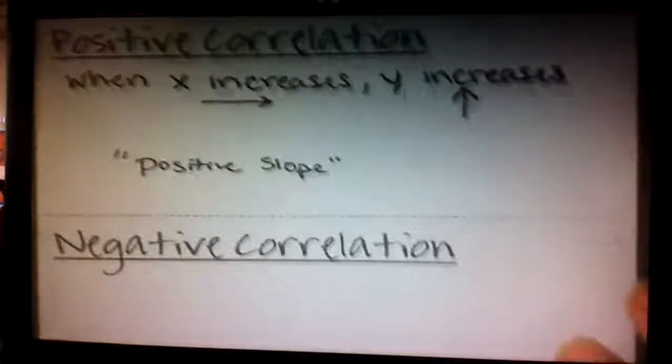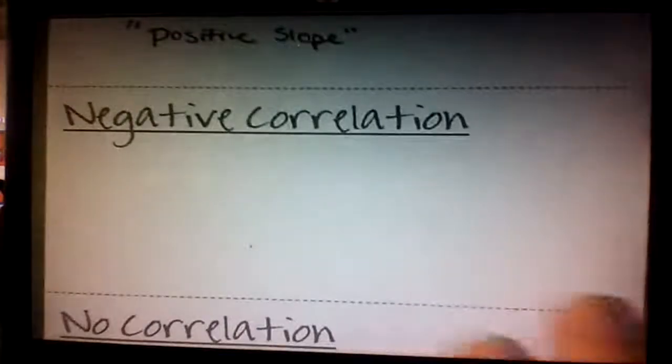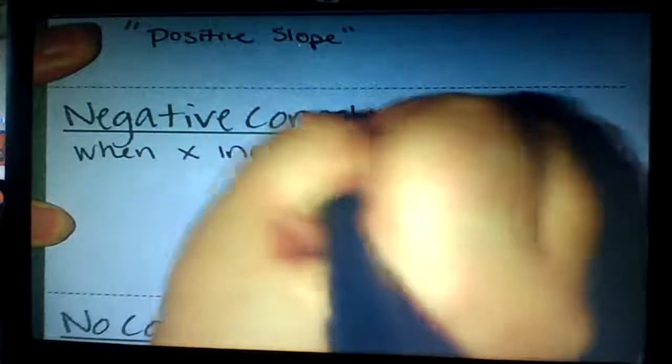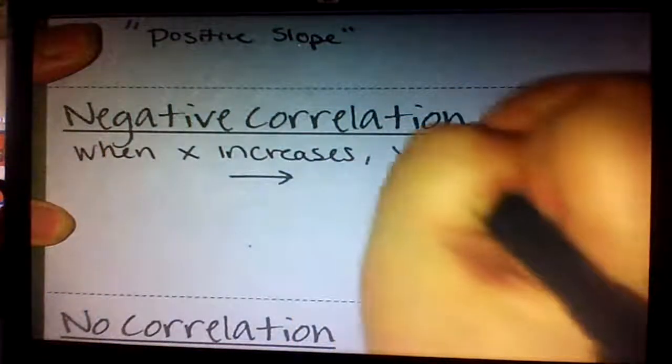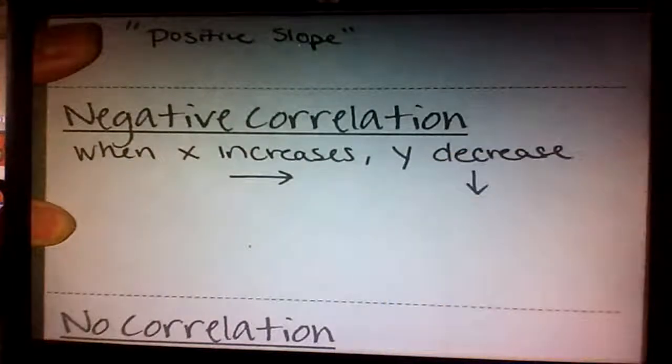So if positive correlation is a positive slope, negative correlation is going to be a negative slope. So this time, when X increases, so as I'm going to the right, my Y value is now going to decrease or go down.